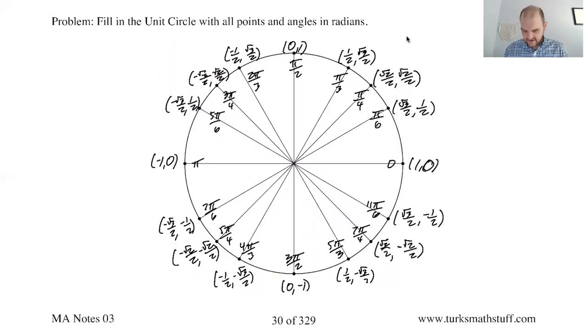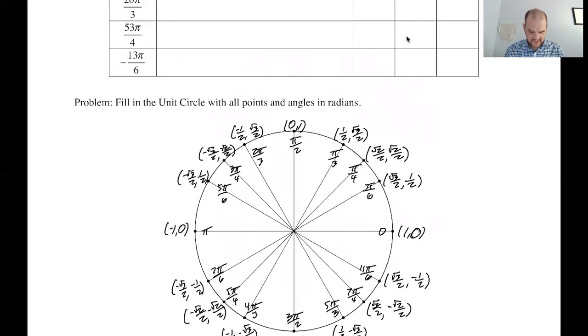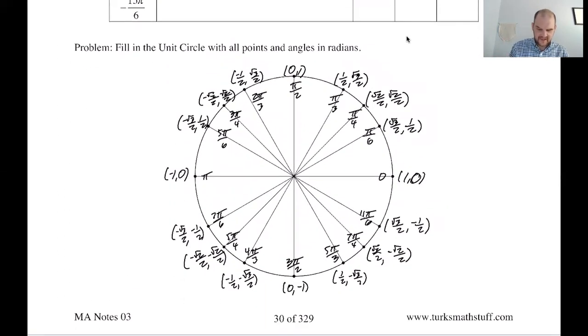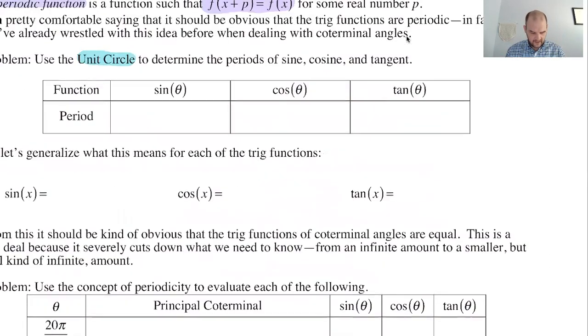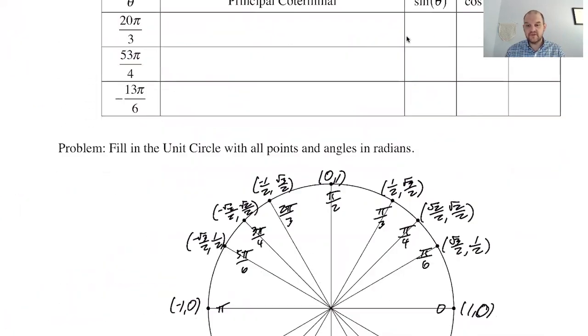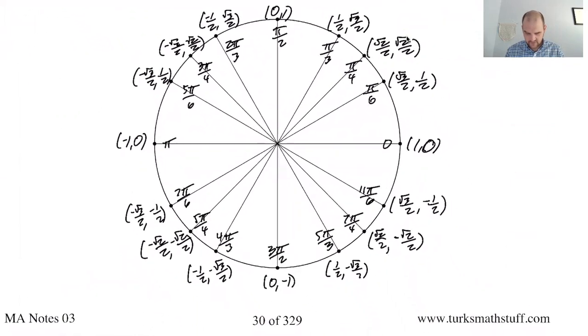I lost it. All right, so the whole point of this was that we wanted to look at the unit circle and see if we could use it to determine the periods of the trig functions. So let's take a look at, for example, sine. When we look at the values of sine, we're going to see how long it takes them to repeat.